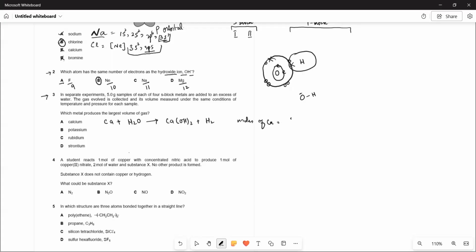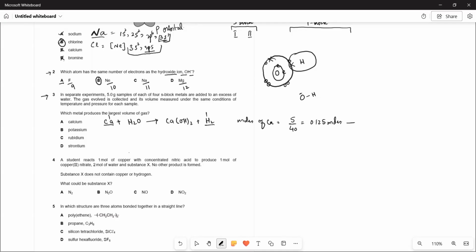So 5 over the molar mass of calcium, which is 40. So the answer is 0.125 moles. So according to this equation, 0.125 mole of calcium will produce 0.125 moles of hydrogen because the ratio is 1:1, isn't it?